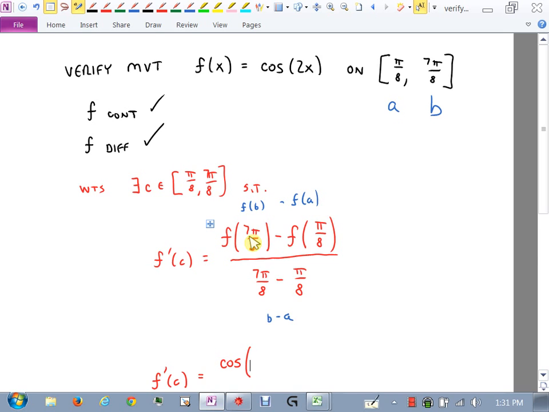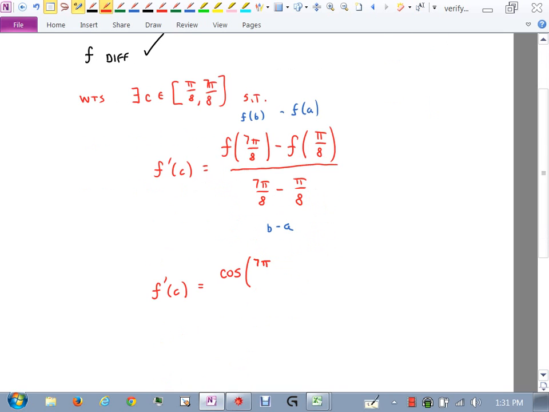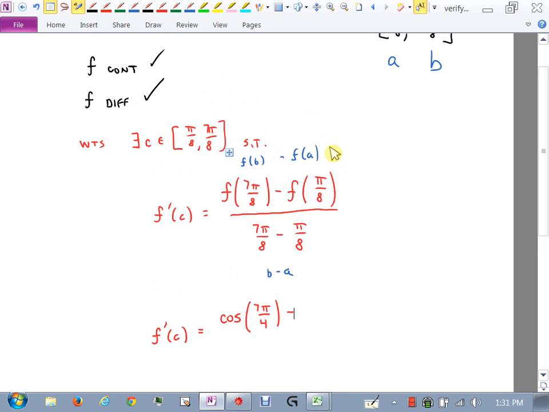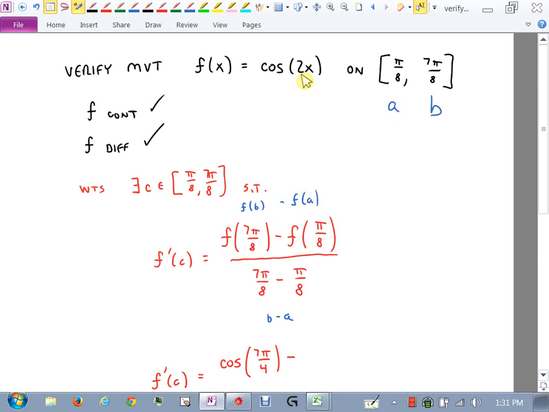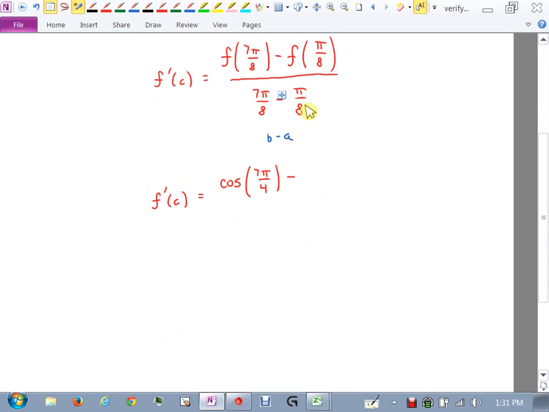Yes? Okay, so that's really 7 pi over 4. And then minus, if I plug in pi over 8 into this, double it, it becomes pi over 4. Then all over, what's 7 pi over 8 minus pi over 8? 6 pi over 8, which is the same as 3 pi over 4. Questions?